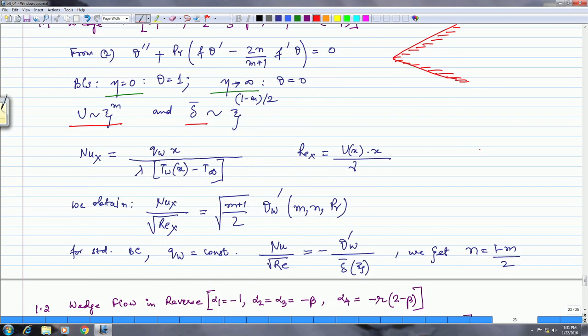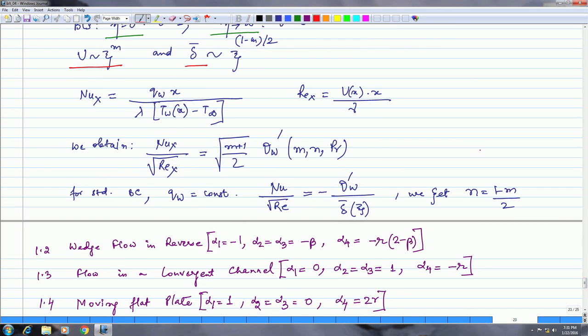So that's a wedge, and of course you have a convergent channel, so boundary layers are forming on the inside here, right?